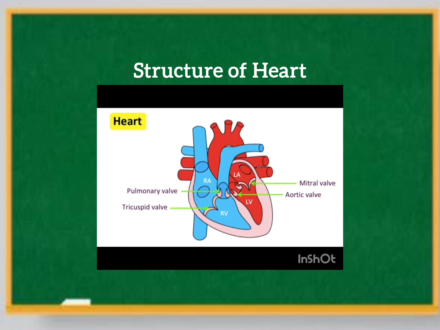It's important to remember that veins carry blood to the heart and arteries carry blood away from the heart. The superior and inferior vena cava are large veins that deliver deoxygenated blood into the heart. The superior vena cava delivers blood into the heart from the upper part of the body.